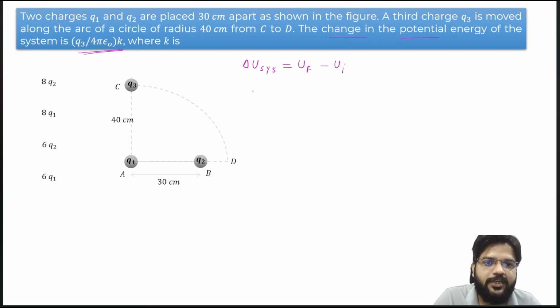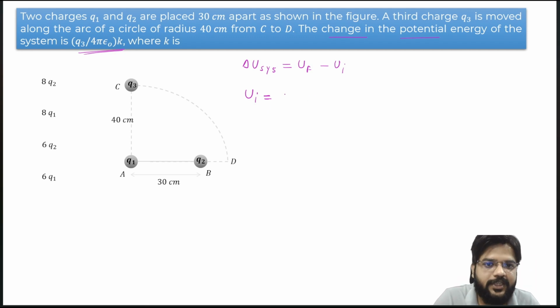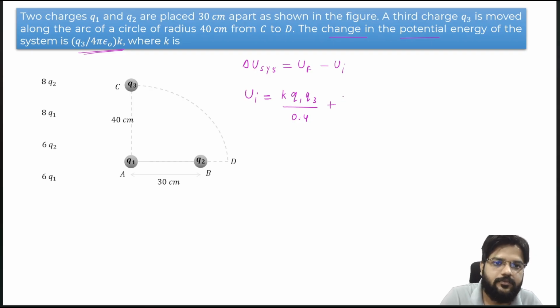Now, the initial potential energy of the system, if I write it, what is it, everyone? First, between A and C, it is K Q1 Q3 divided by 0.4. Then between A and B, plus K Q1 Q2 divided by 0.3, correct?